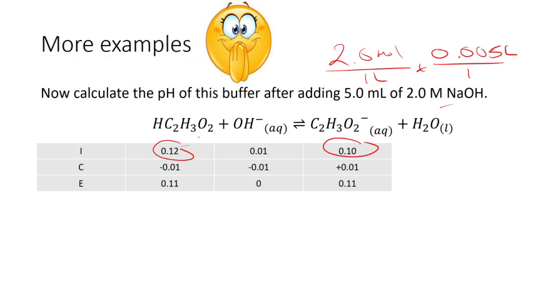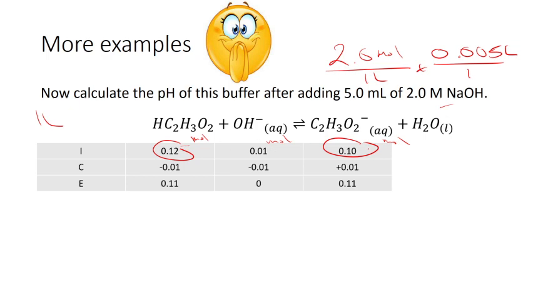Yes, so okay, that's where I should back up. We want these in moles. So we're going to convert all these to moles. The first thing we can do is assume we have 1 liter of solution. Because our concentration of acid was 0.12 molar in the last question, 0.12 molar of 1 liter gives us 0.12 moles.